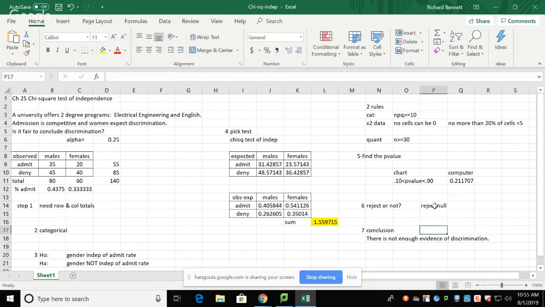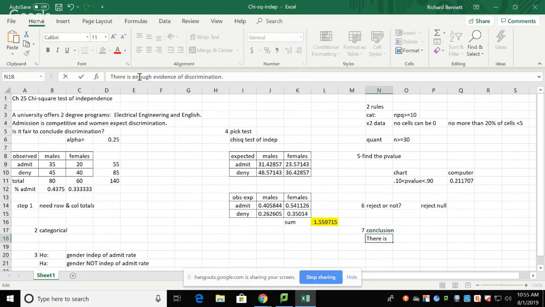And my conclusion would be there is evidence of discrimination, right? So let's pretend for a moment that we've got a 25% chance of being wrong, which is kind of not very good, right? But let's pretend that this was the case, okay?